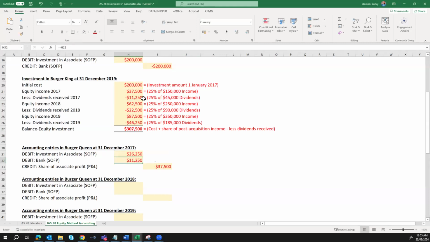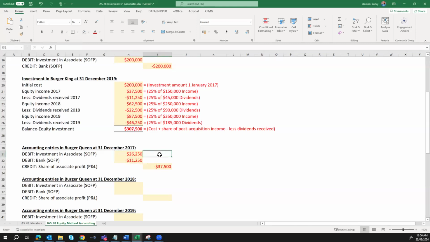So the net of that amount will increase your investment in associates in your balance sheet. All right, so our net amount increasing your investment in associate is $26,250. So this amount plus the amount you receive in bank gives us the total credit we receive in the P&L as share of associate profits, $37,500. So these are all for December 31st, 2017.